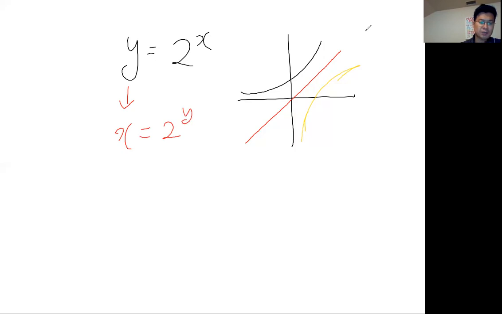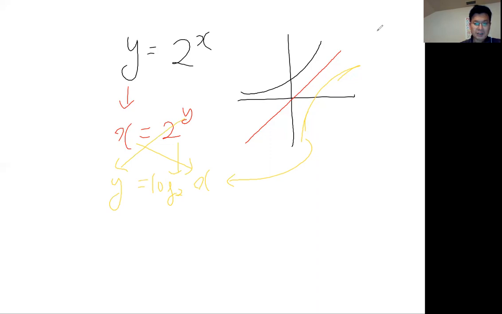Then how can we put down this y so that we can work it out as y equals something? They came up with a new notation. Y goes this way, x goes to the other way, and base goes to base, and then we put log. We switch it off. So this yellow line is y equals log base 2 of x.